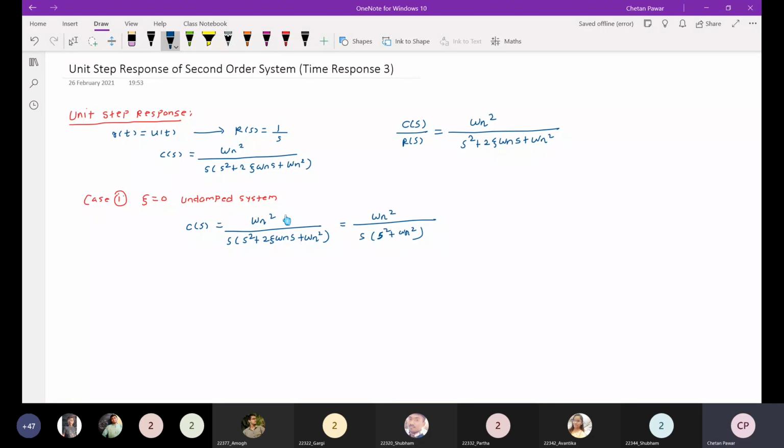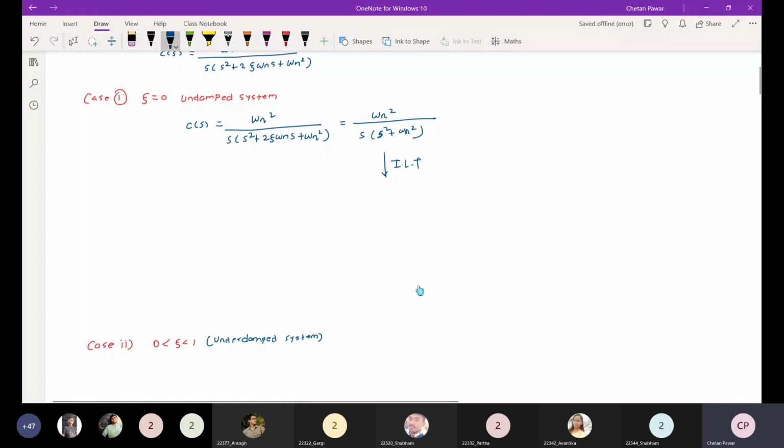So we take the inverse Laplace transform of this. How to take the inverse Laplace? You can solve this by using partial fractions also, but if you use a Laplace transform property to find the inverse Laplace transform, you will get the answer quickly.